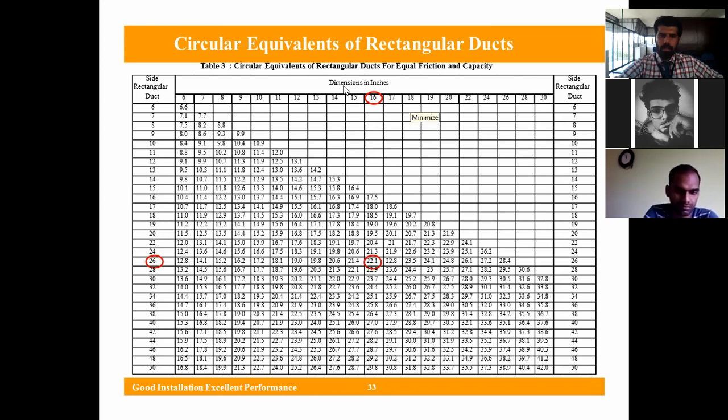Velocity for high velocity application in plenum. Mainly, we have already seen that now. 1800 like that.